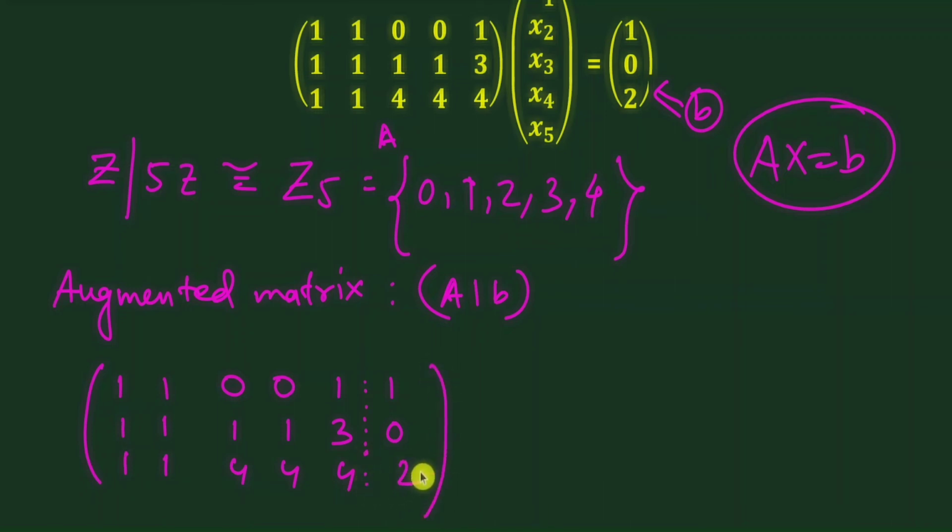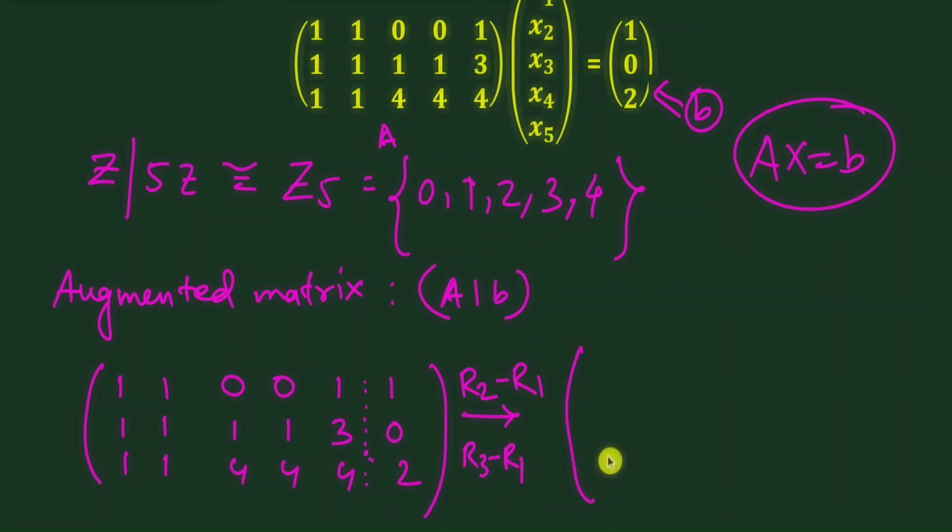Now if we apply any elementary row operation or column operation on this augmented matrix, then there is no change in the solutions of this system Ax equal to b. So we apply elementary row operations here. First we write R2 minus R1 and R3 minus R1.